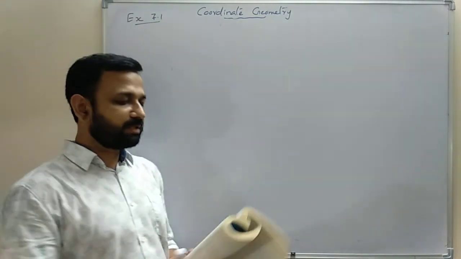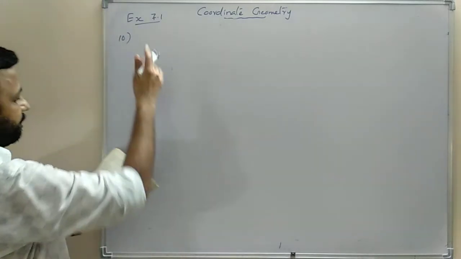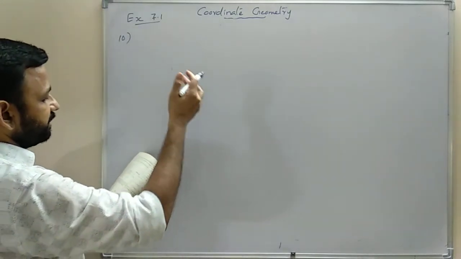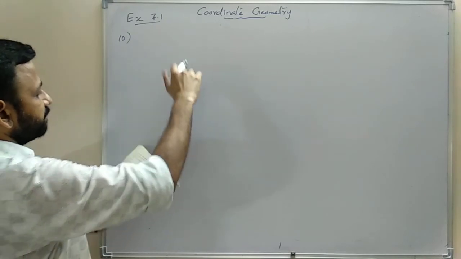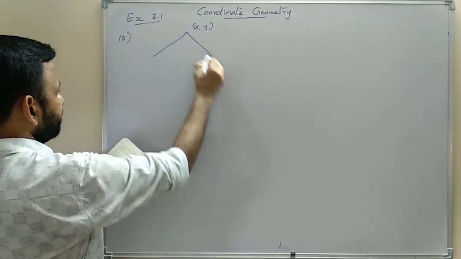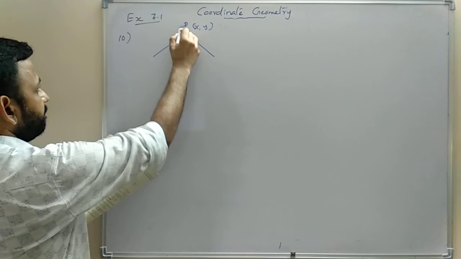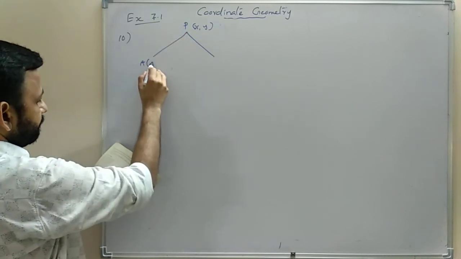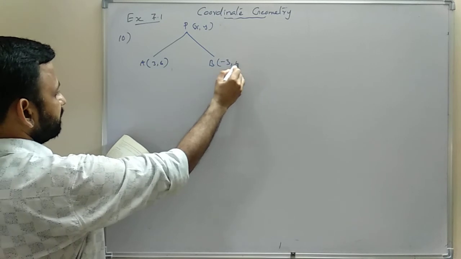Find the relation between x and y such that the point xy is equidistant from the points. We can take it as P, and A (3, 6) and B (minus 3, 4).